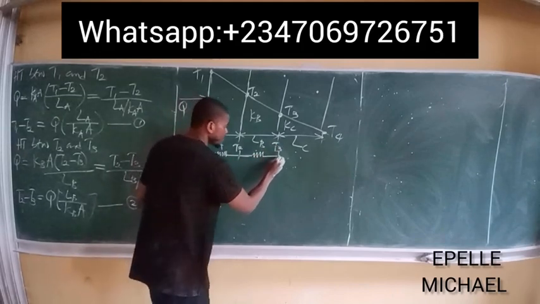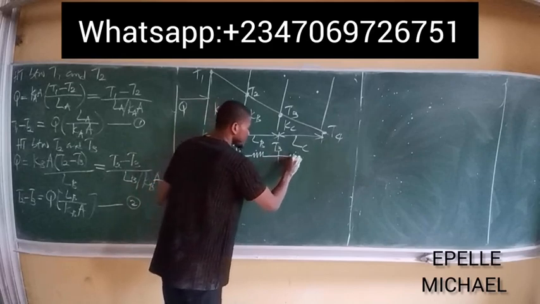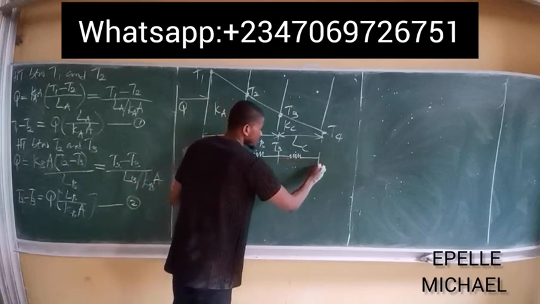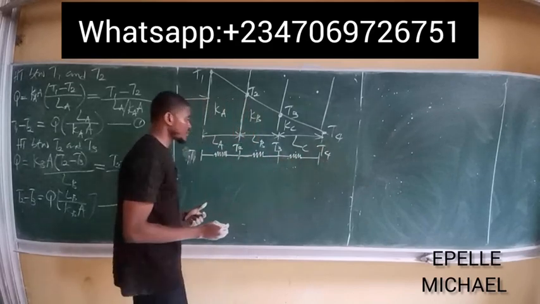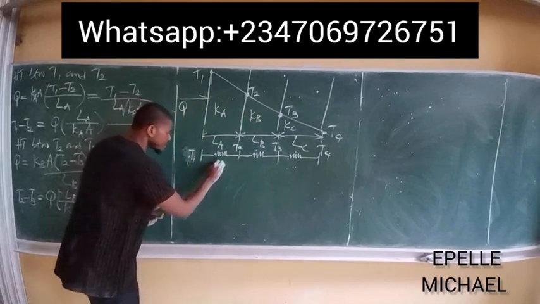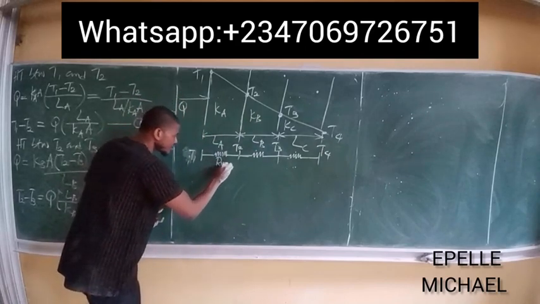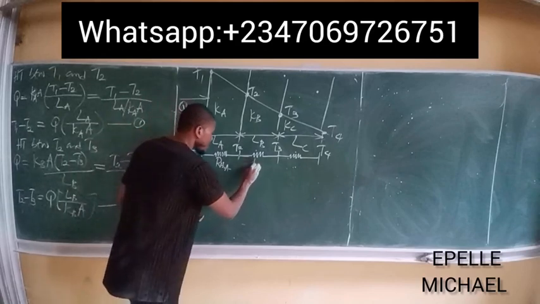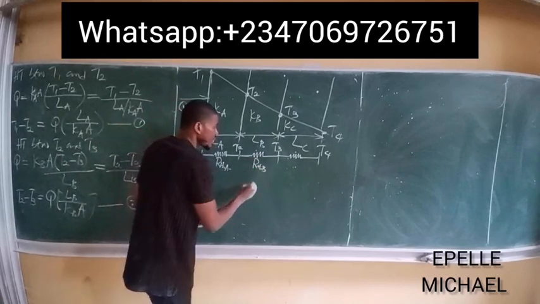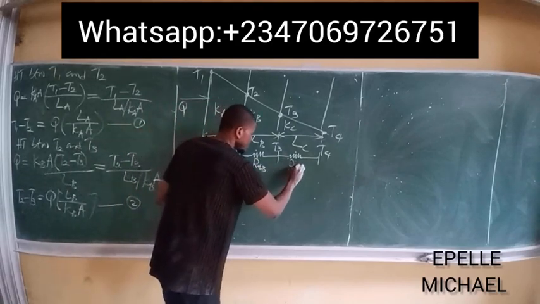And finally, this same heat flows through and experiences a thermal resistance before getting to temperature T4, which is the final temperature. So the thermal resistance here is simply called RTHA. Thermal resistance here is called RTHB, and here is called RTHC.